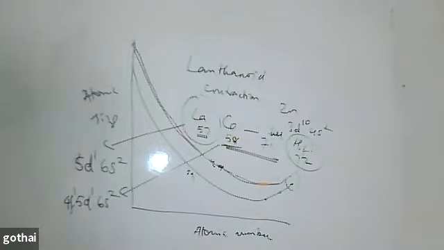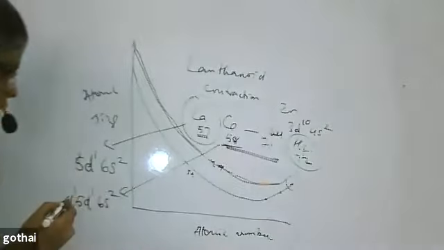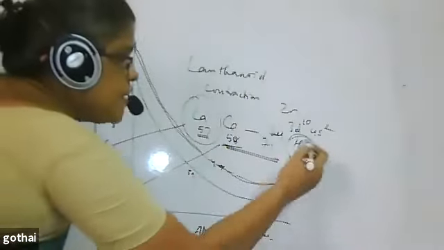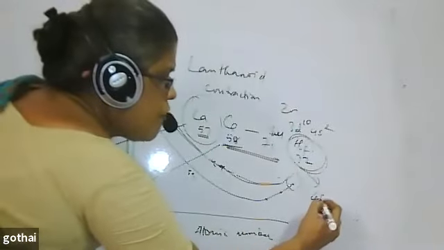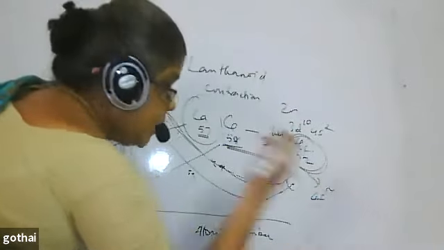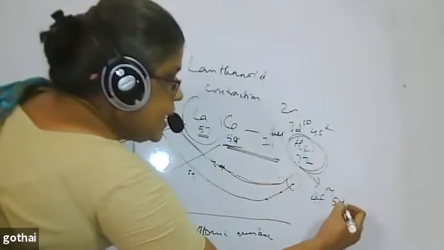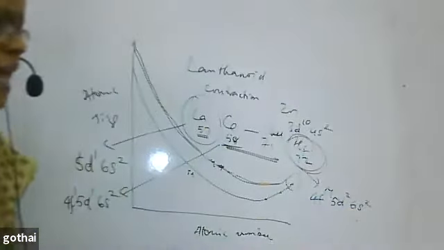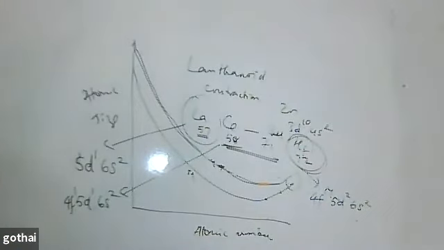Then when you come over here, 4f orbital is completely filled. When you come to hafnium, it is 4f14 5d2 6s2. This will be the electronic configuration of hafnium.